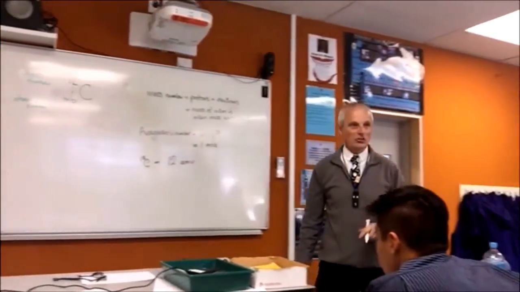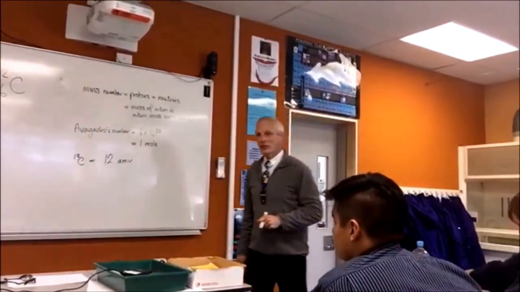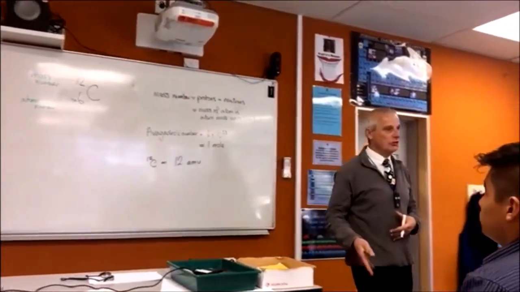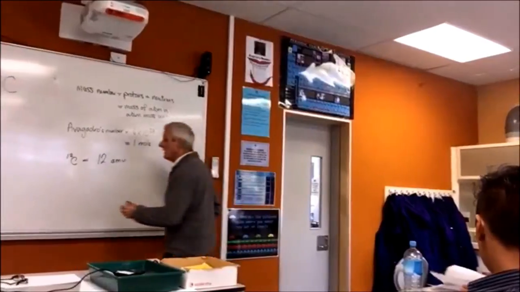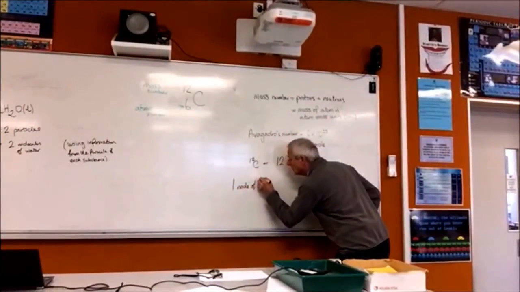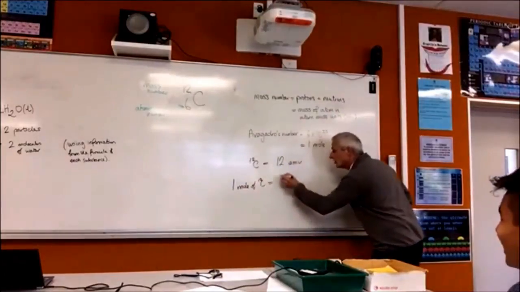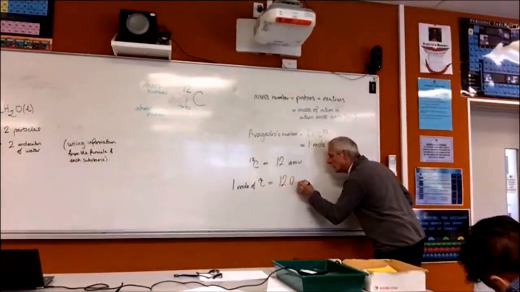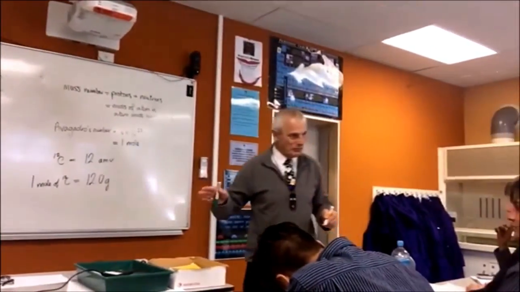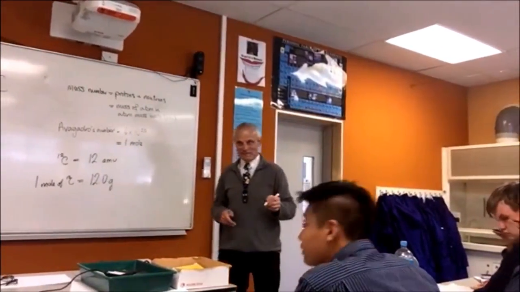If I take one C12 atom, it basically is 12 atomic mass units, in other words 6 protons, 6 neutrons. If I take a mole of it, however, 1 mole of C12 is equal to 12.0 grams. Now don't worry about the number of figures for the moment, we'll come to significant figures later.